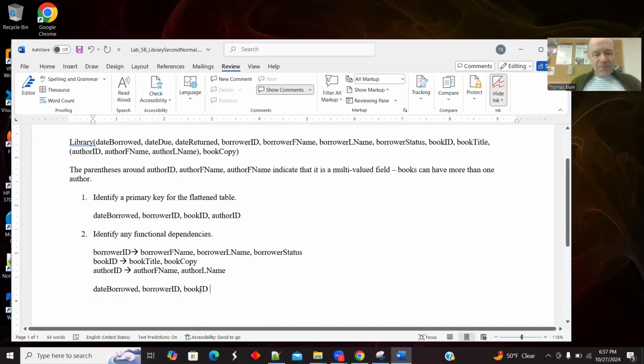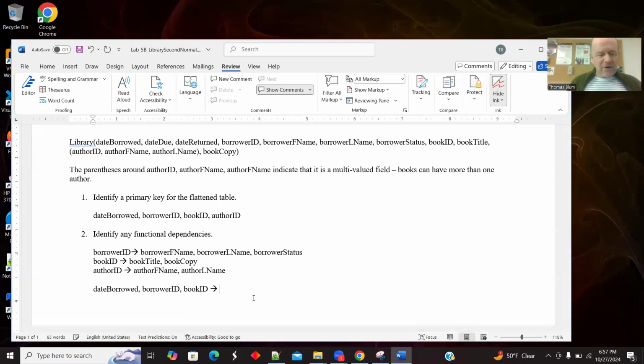The date borrowed certainly affects the due date. And the borrower has a status and might be able to take it out for longer. So I think maybe all those together would determine the date due and the date returned.